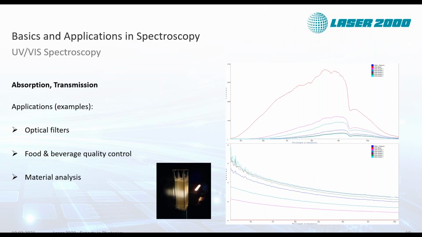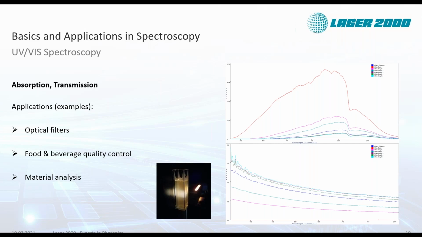Applications for this type of spectroscopy are, as mentioned before, optical filters, of course, and food and beverage quality control, like seen in the left bottom picture here. This is an example of coconut water, where you can see scattering and, of course, therefore related absorption in the measurement.